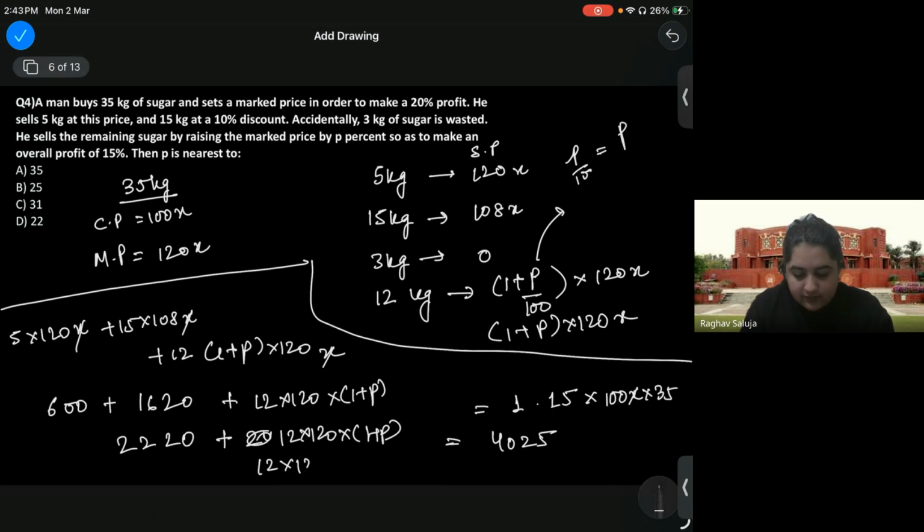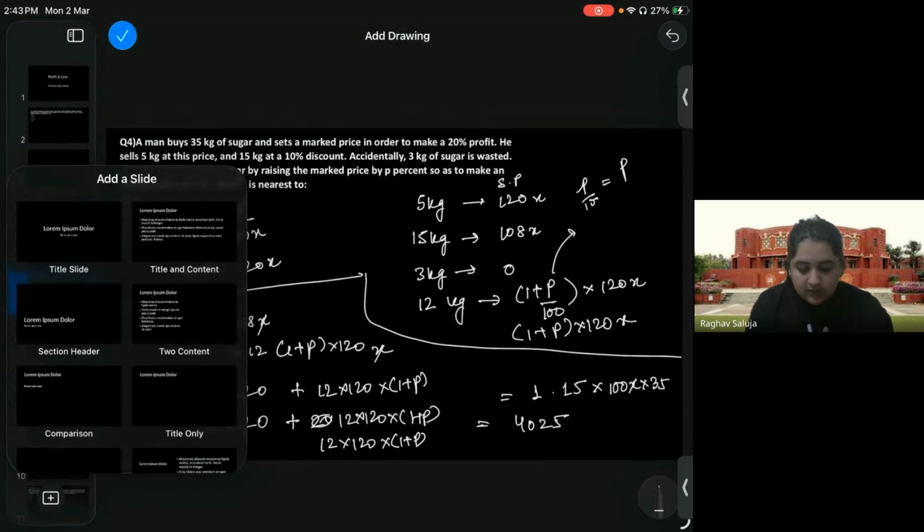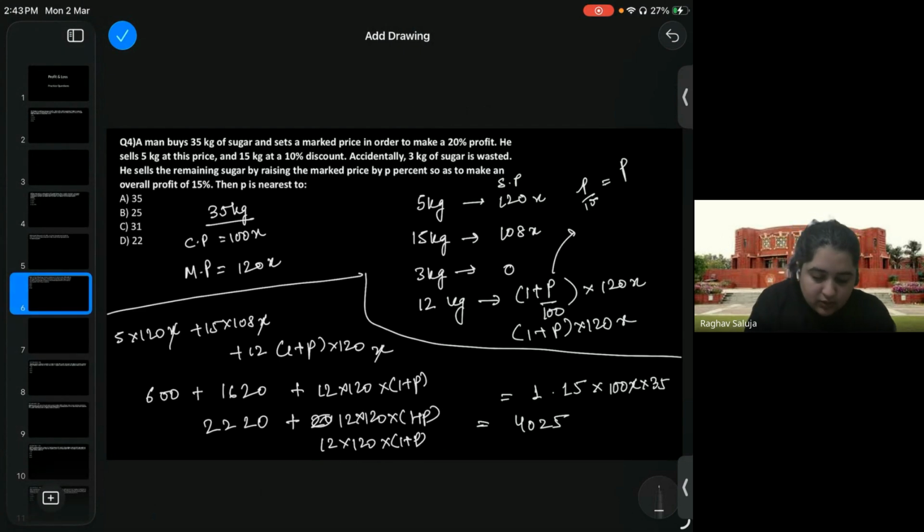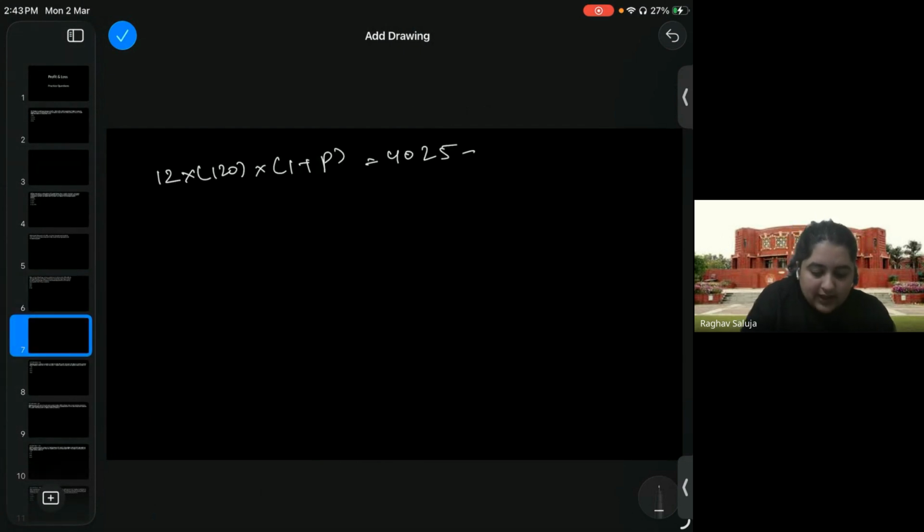I'll just shift to another page. So we can say that 12 into 120 into 1 plus P is equal to 4025 minus 2220, which is nothing but 1805. 1805, if we divide by 1440, our calculation comes out to be 1.25347, something like this.